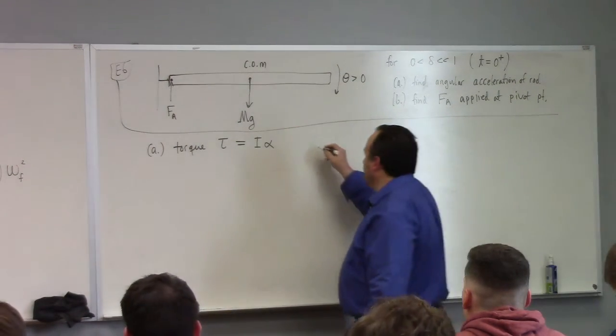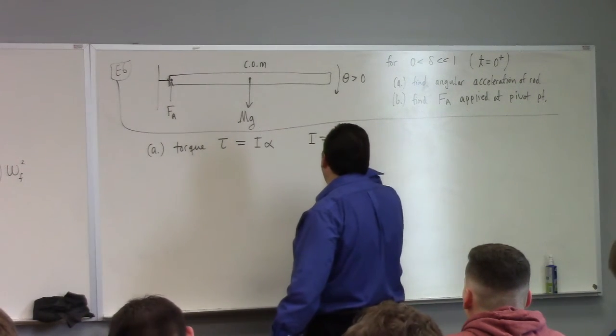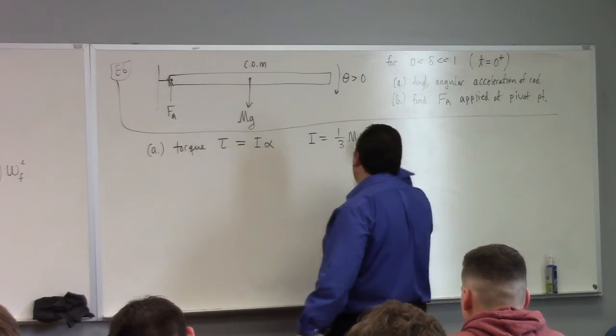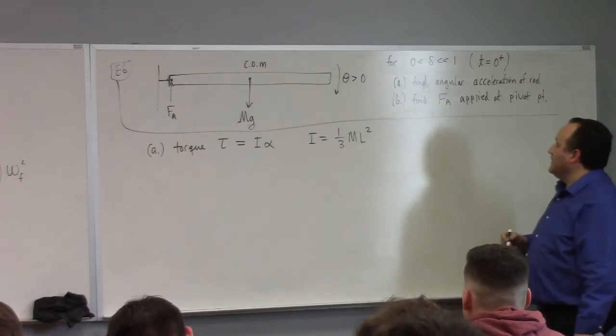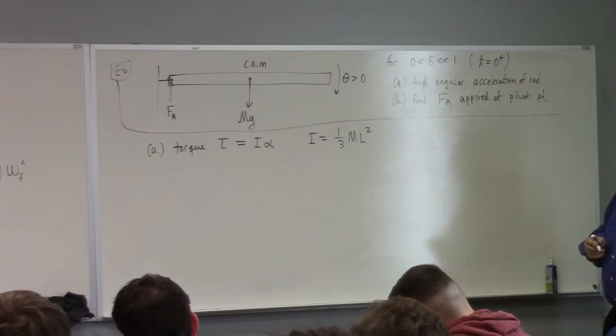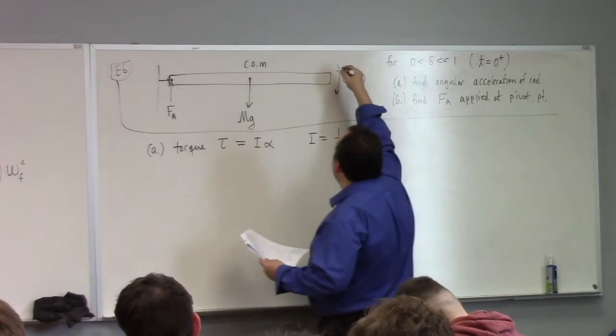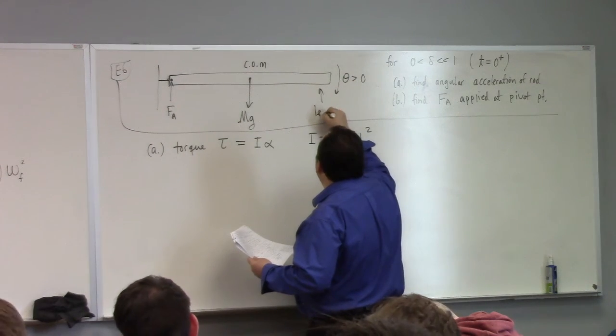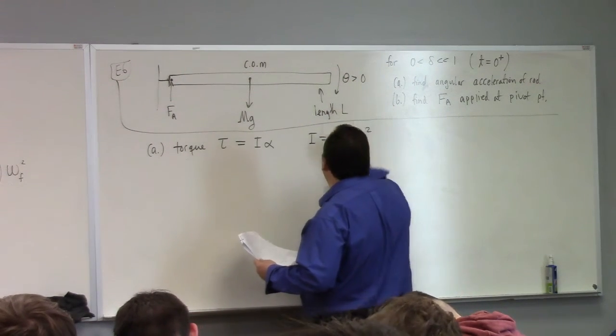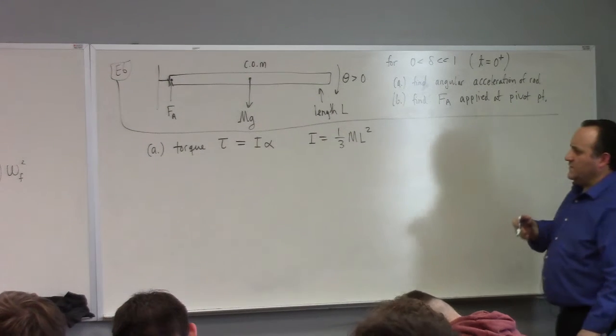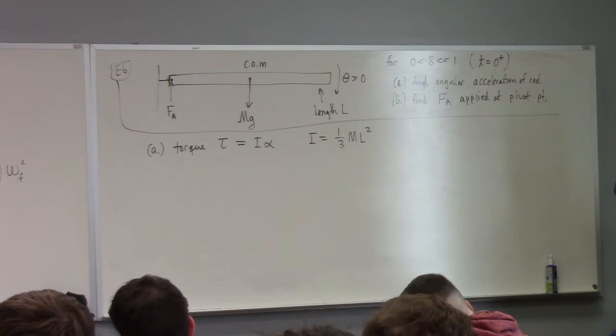As we have discussed, I is 1/3 mL squared, right? I haven't even given numbers. It doesn't really matter. Length L. So the moment of inertia is 1/3 mL squared.